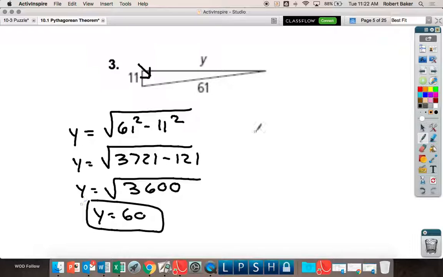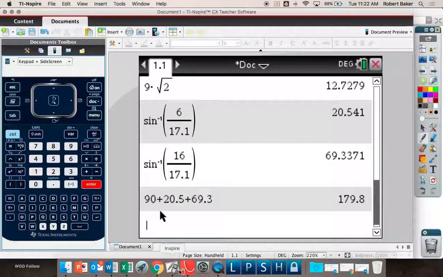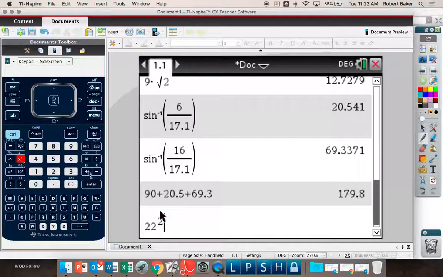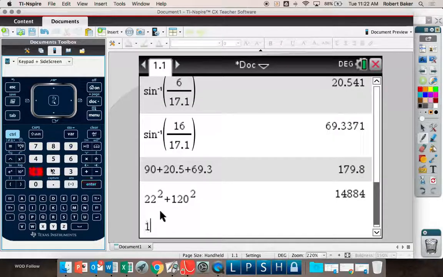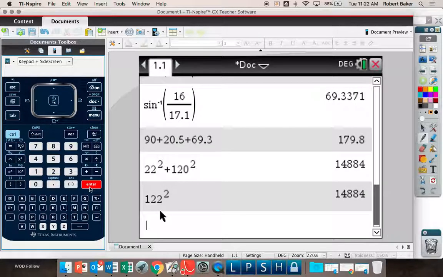See if this works. Do you think that a squared plus b squared equals c squared? Watch. Is a squared plus b squared the same thing as c squared?